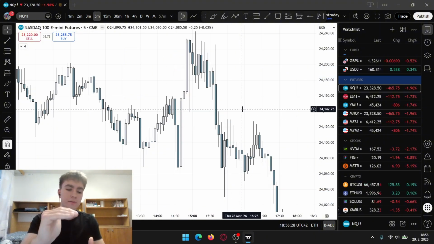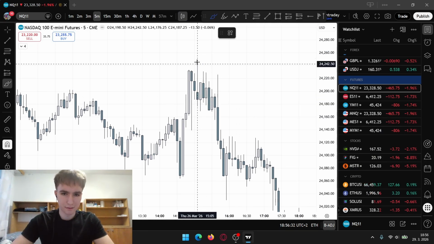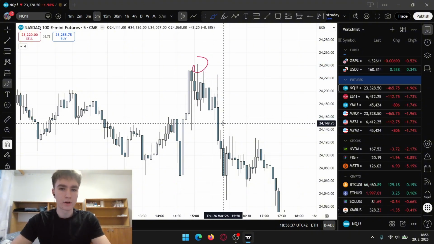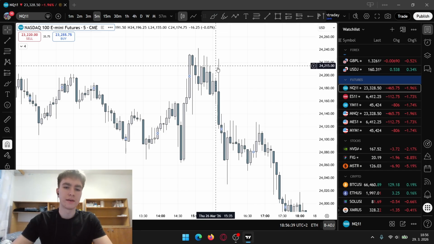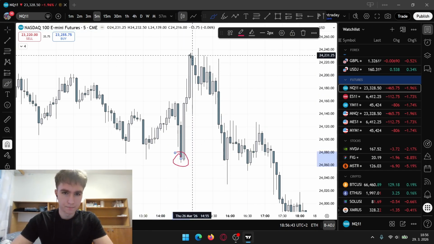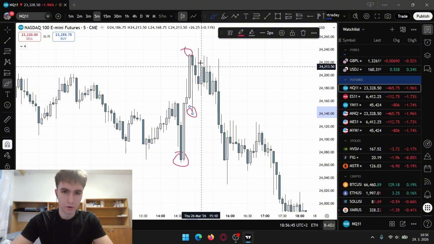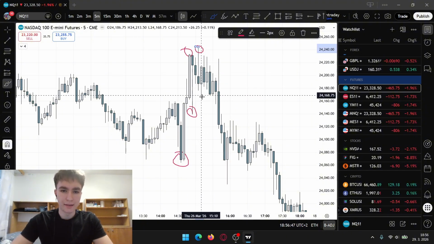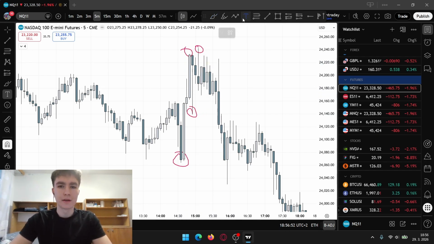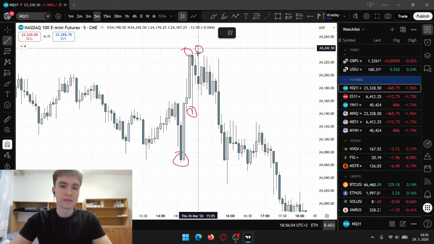But whenever we are determining the price leg, we do not take these random levels. We want to see a break of that level. So we have swing low, swing high, swing low, swing high, and this swing low or this swing high doesn't really matter because it wasn't broken.